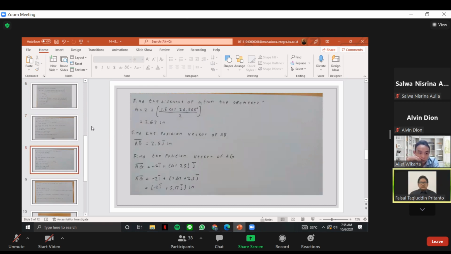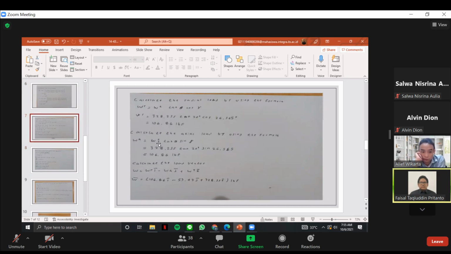Then we calculate the axial load by using the second formula. The formula is W_A equal W_t tan phi sin gamma.